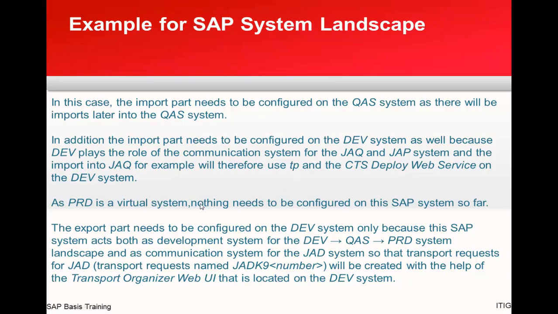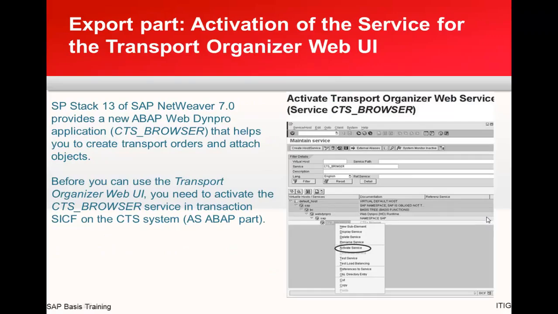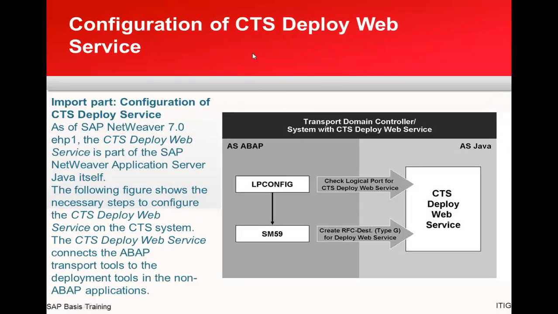As the production system is a virtual system, nothing needs to be configured. The export part needs to be configured on the dev system only, because this SAP system acts as the development system. Here you can see this is your CTS_BROWSER service. Just make sure that you activate this service. So that is step 1.